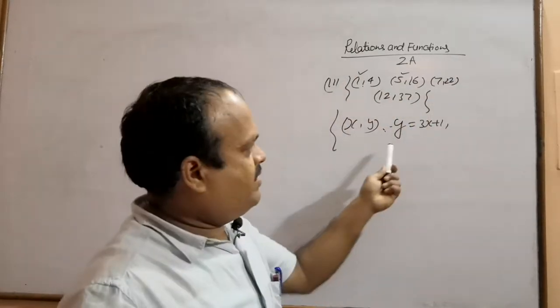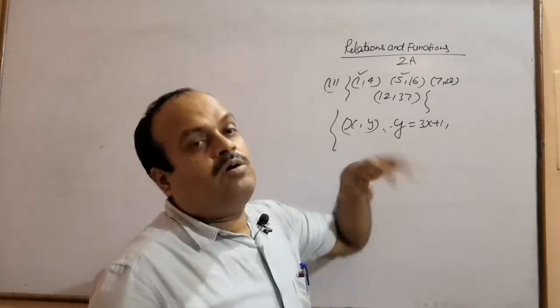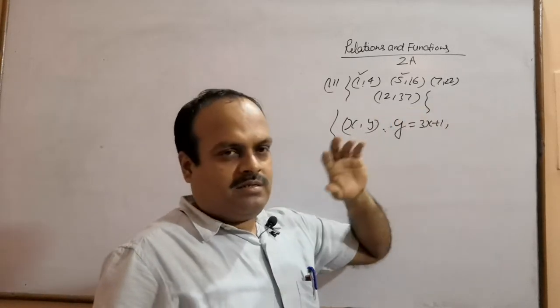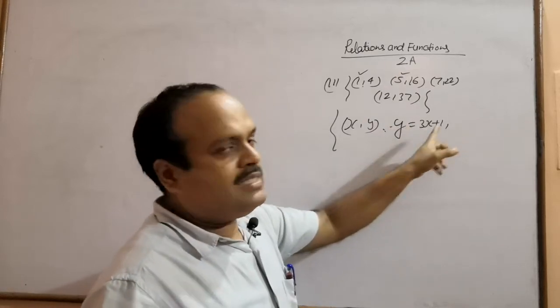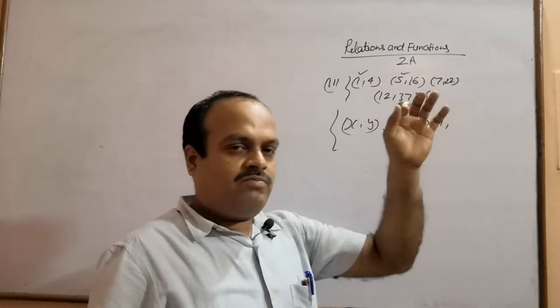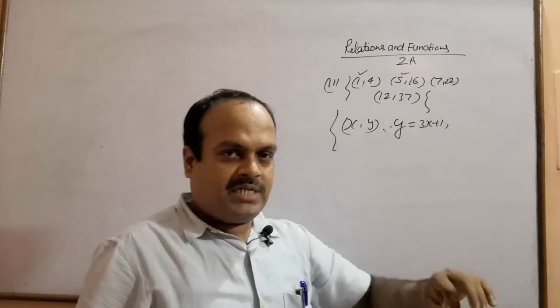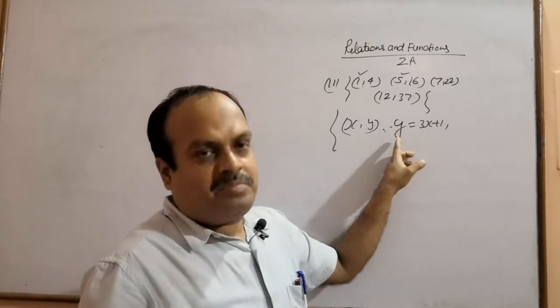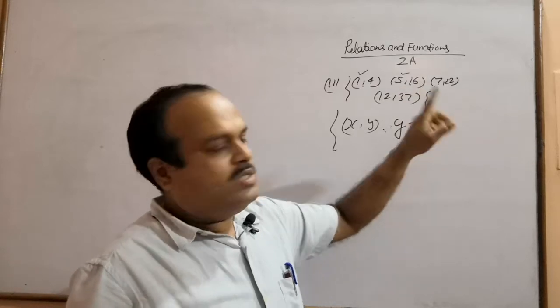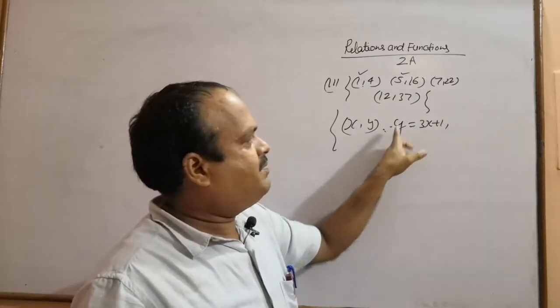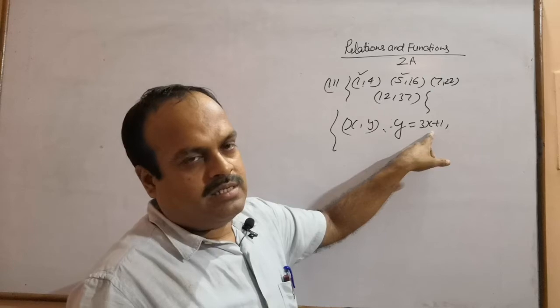When you write this equation, I hope your teacher in class 9 or class 8 told you that when a variable is made the subject, that variable is called dependent and the other variable is called independent. So here the value of y depends on the value of x.